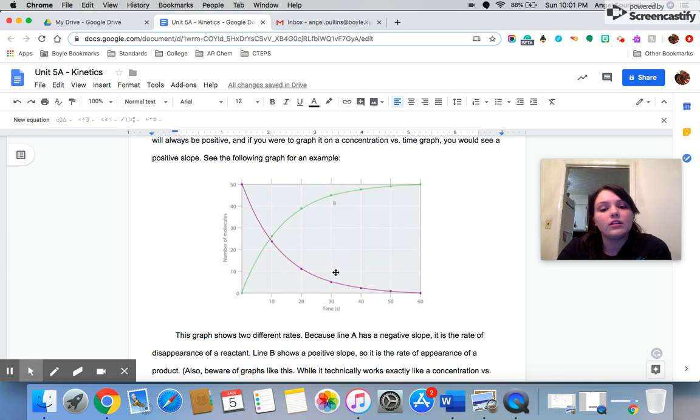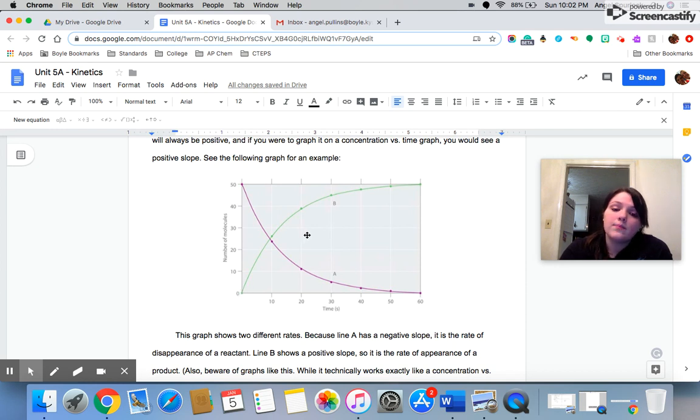We can see here that line A is decreasing, but it does not decrease steadily. That makes sense because rate is not constant throughout the reaction. As our number of molecules, or if we're in 1 liter, that can be equivalent to our concentration, decreases, our rate is going to get slower and slower and slower.